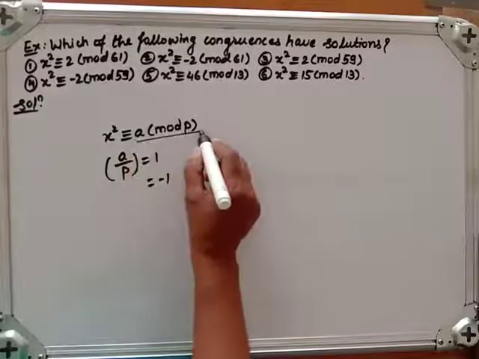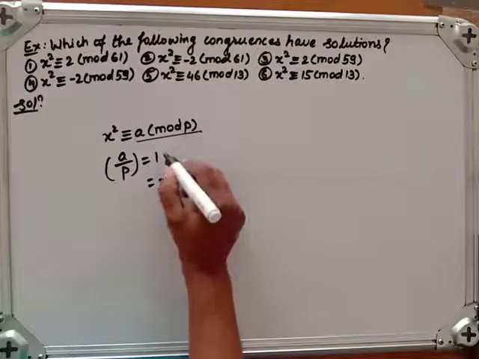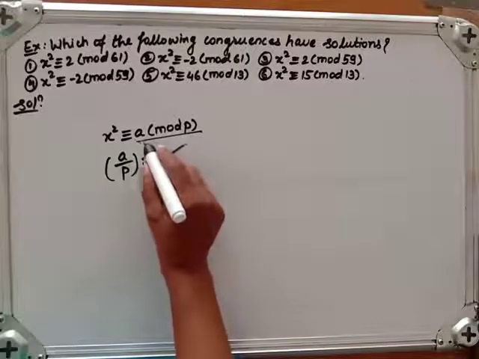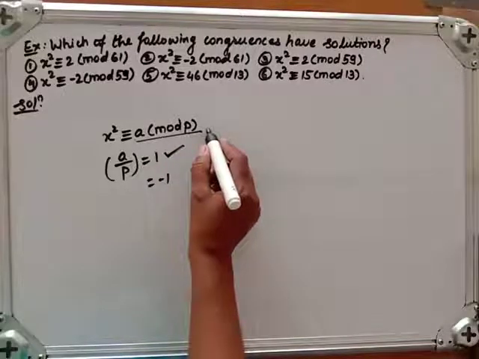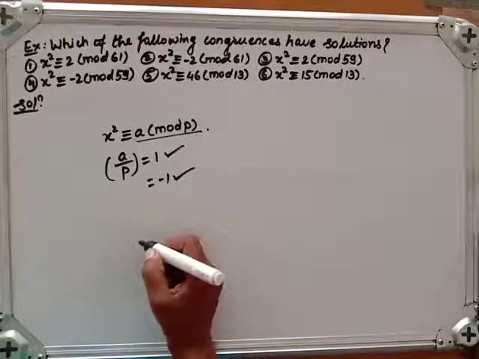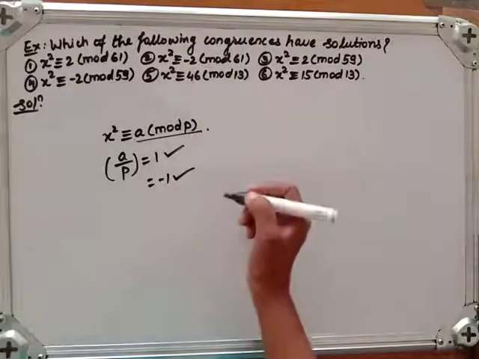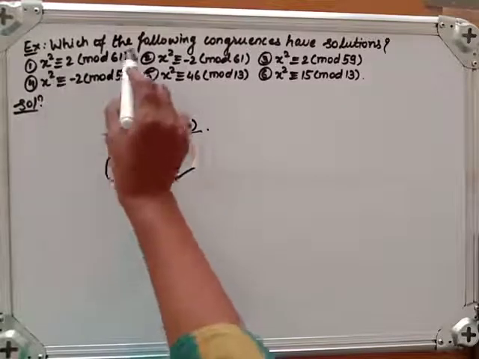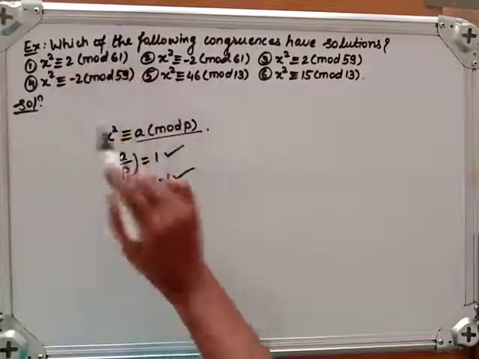So if this congruence has a solution, the Legendre symbol has value 1, and if it doesn't have a solution, then it has value minus 1. So to check whether these congruences have solutions or not, we just find the Legendre symbol of these congruences.